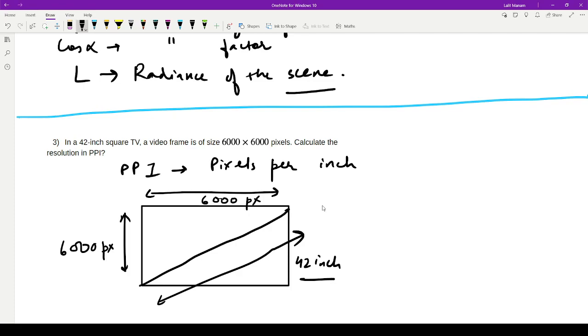Multiplication of both and divided by total area. Anything else? I want just one number, not two numbers. If the screen were rectangular, then you might have two numbers, right?